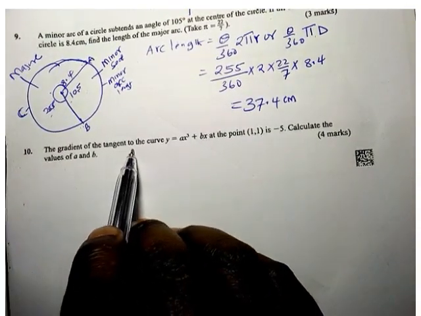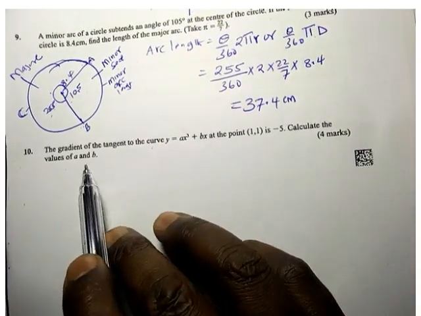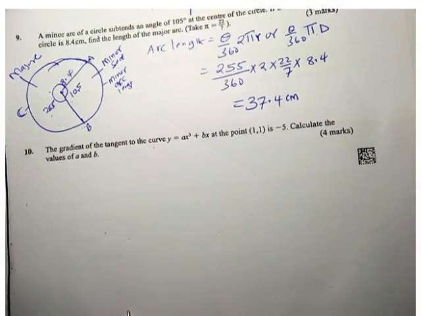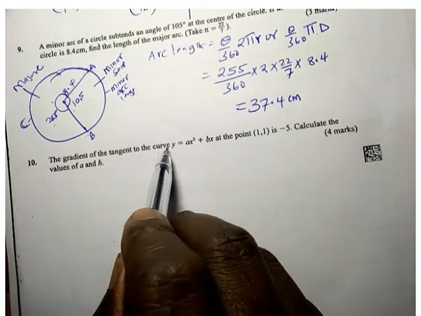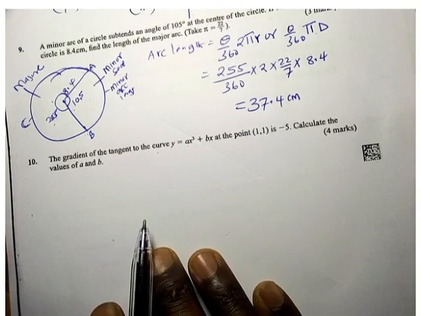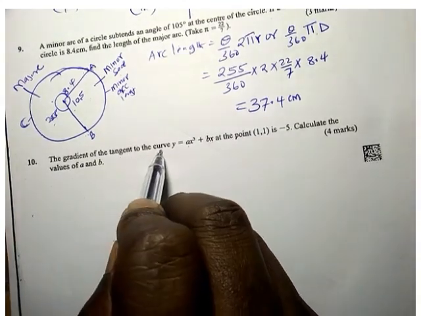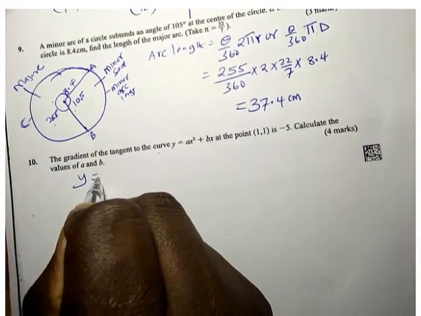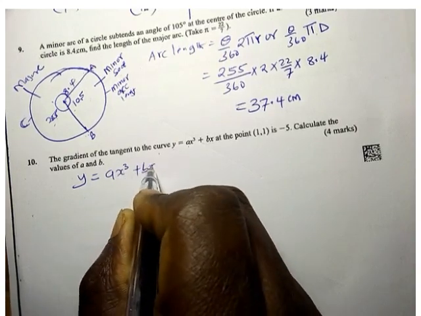The gradient of a tangent to a curve is this one. Calculate the values of A and B. So the gradient of the tangent of the curve, and this is the equation of the curve: y is equal to ax cubed plus bx.